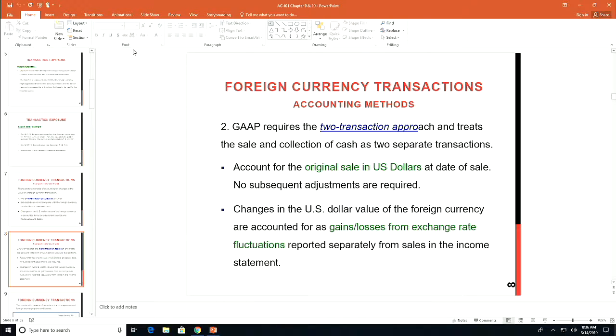The day you purchase, your purchase is complete. But whatever changes happen will all be adjusted against your accounts payable. Definitely you have to record your foreign exchange gain or loss, but that will be adjusted against your accounts payable or accounts receivable. That's called the two transactions perspective.